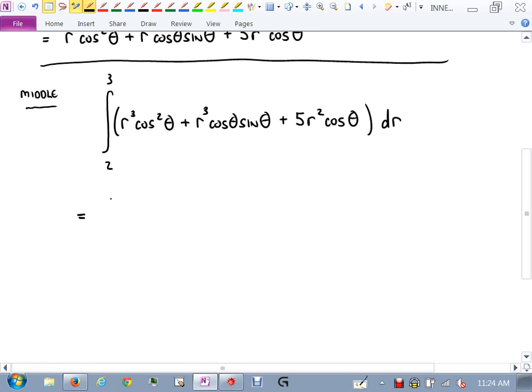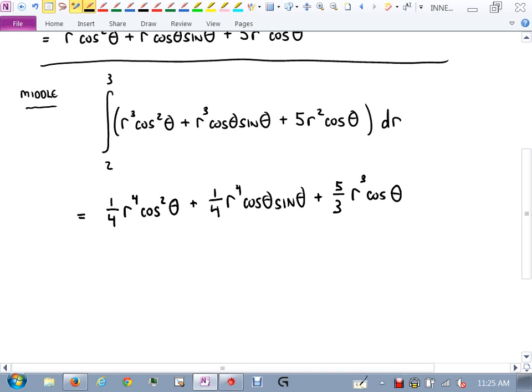So I have 1/4 r to the 4th cosine squared theta, plus again 1/4 r to the 4th cosine theta sine theta, and then plus, what, 5/3 r cubed cosine theta, evaluating from what r though, right? r equals 2 to r equals 3. Ugh.